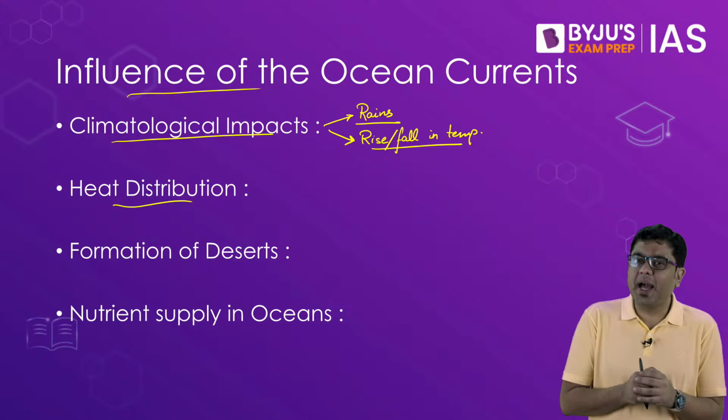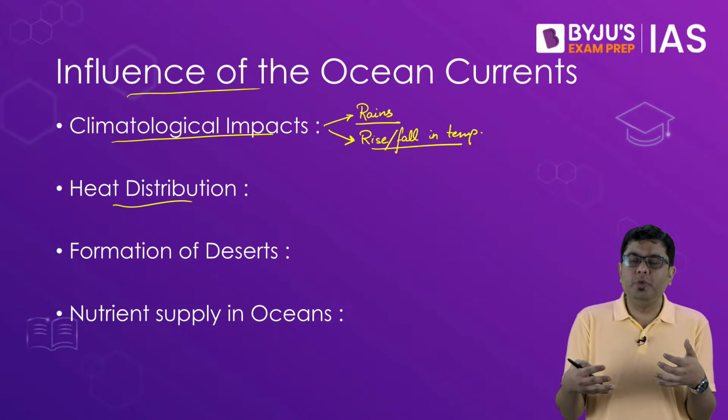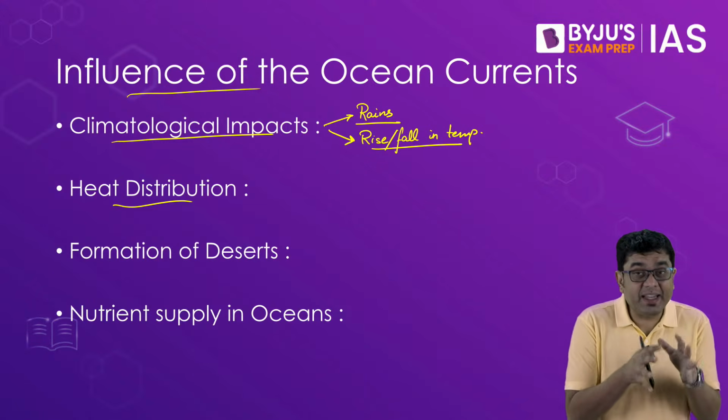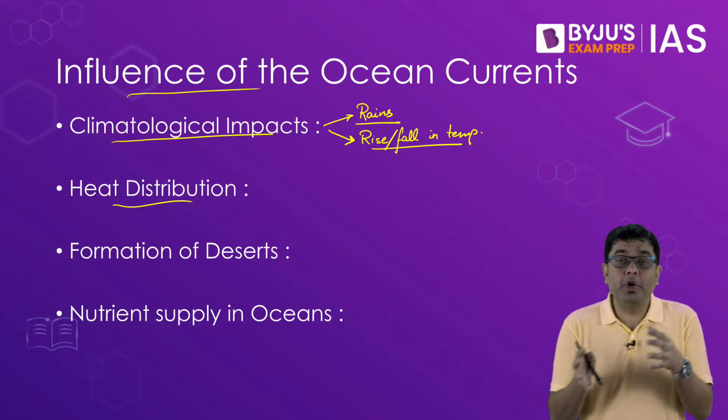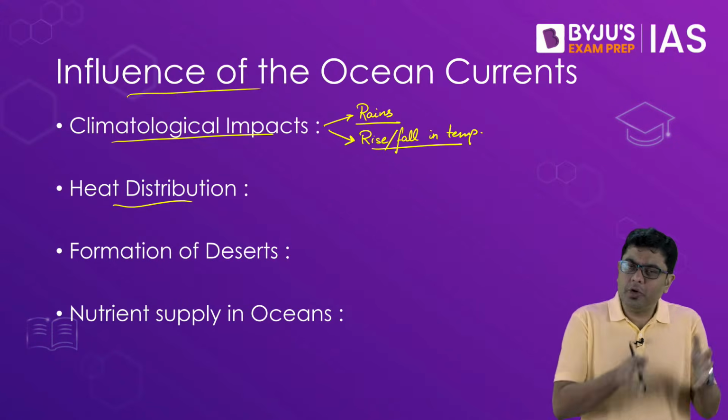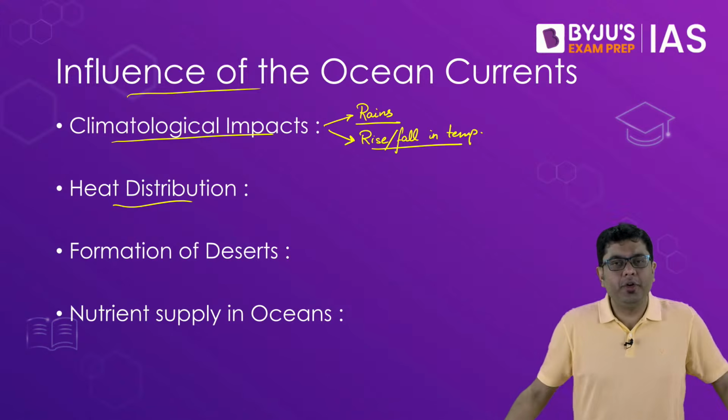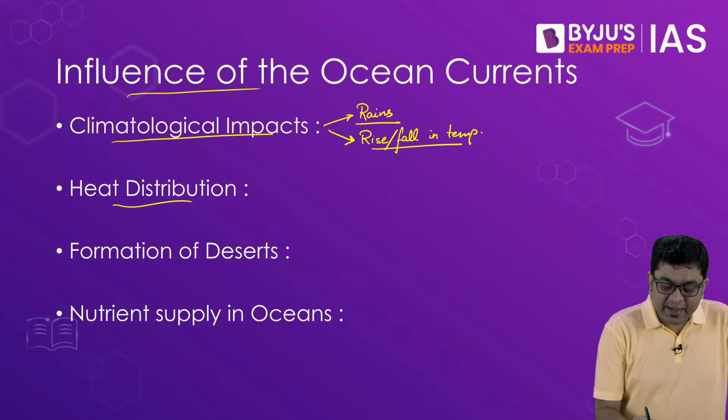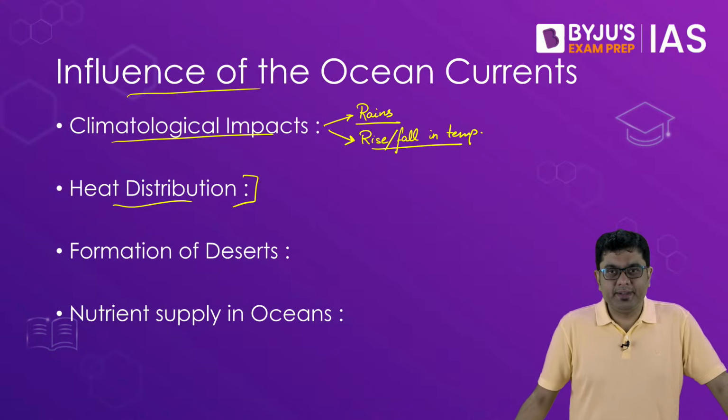And the ocean currents, because of their continuous movement, bring about that heat balance. They bring warmer waters from lower latitudes to the higher latitudes and colder waters from higher latitudes to the lower latitudes. So that is done by these ocean currents.